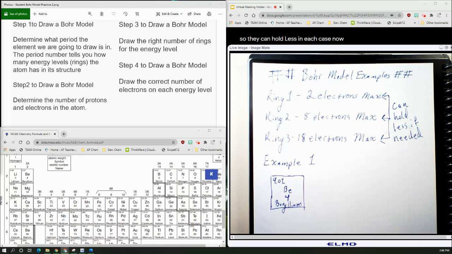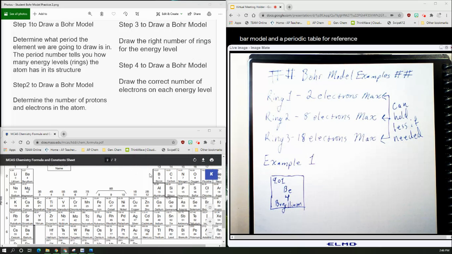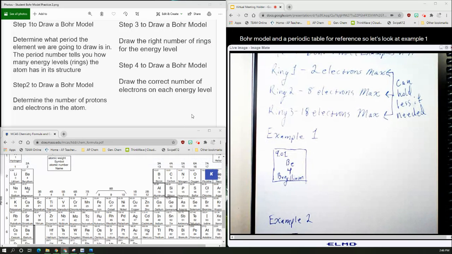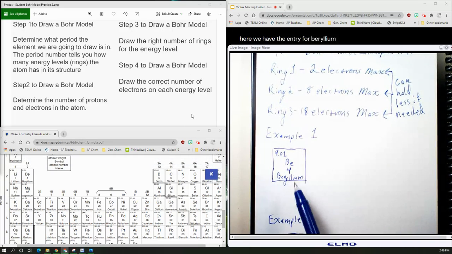Now, on the side of the screen over here, we have our reminders of the steps we need to take when drawing a Bohr model, and a periodic table for reference. So let's look at example 1. Here we have the entry for beryllium.